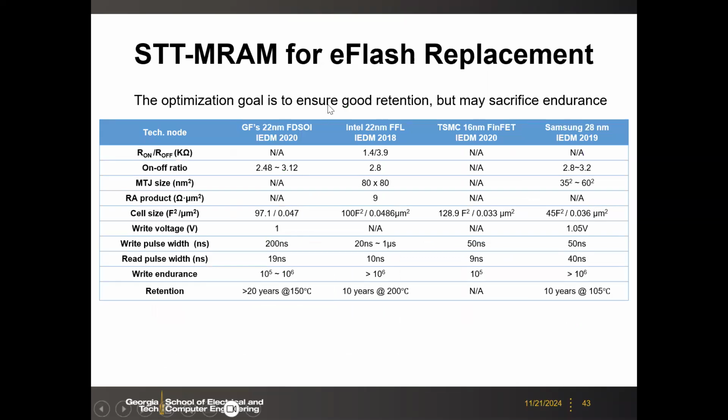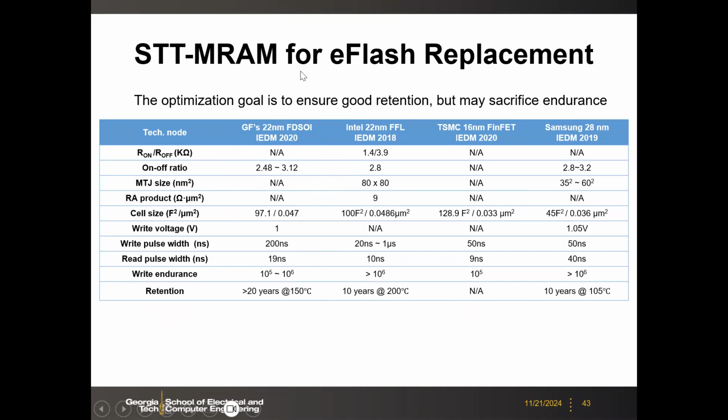Here I just summarize some of the recent publications from IEDM and ISSCC. I will not have time to go through the numbers. If you are interested, you can look at the numbers in terms of the resistance, on-off ratio, cell size, and then the latency, endurance, and retention.